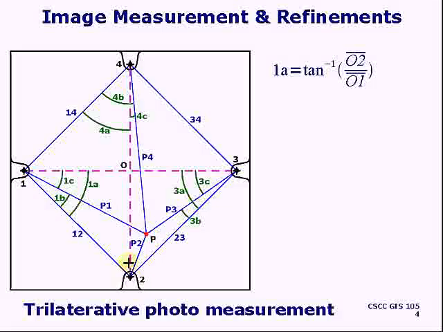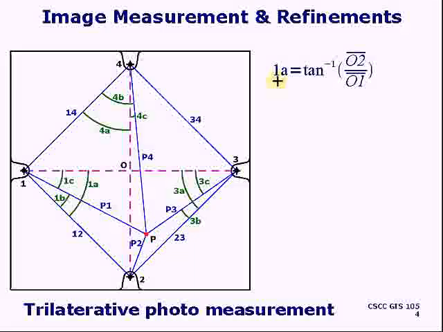If we want to compute angle A, we take the opposite, origin to 1, over the adjacent, origin to 2, opposite over adjacent, inverse tangent or arctangent, and that is going to give us 1A.